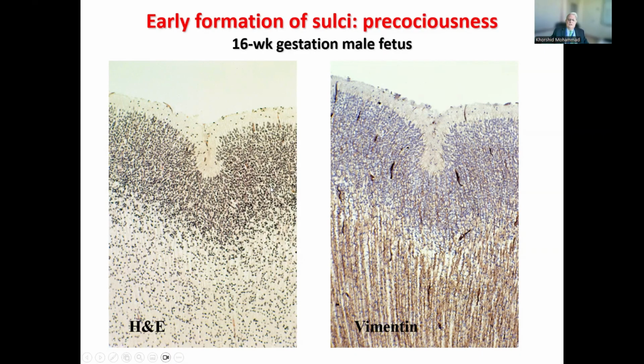And on the right, you see a Vimentin stain, which is immunoreactive to the radial glial fibers, and you can see them ascending here through the white matter and going into the cortex and actually extending to the pial surface. And when they reach the sulcus, they sort of divide around the sulcus.